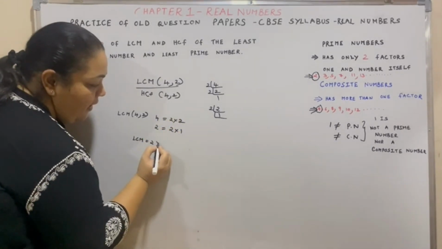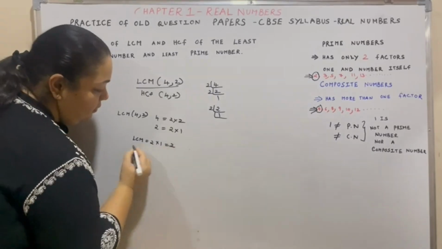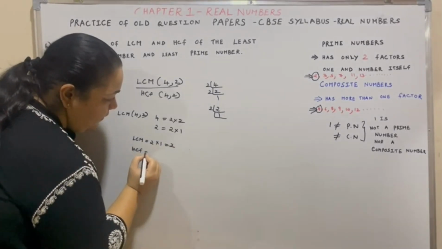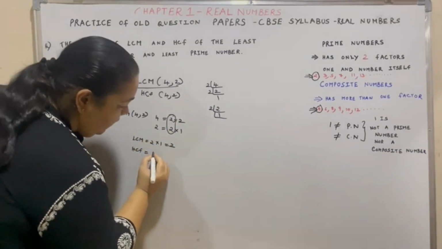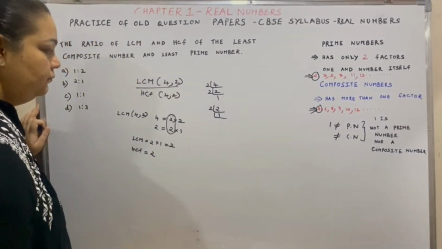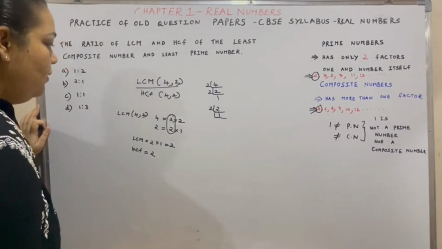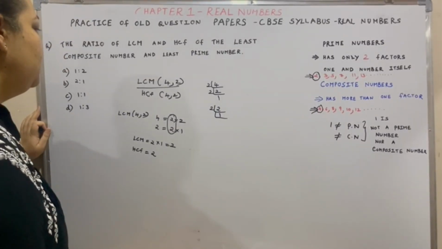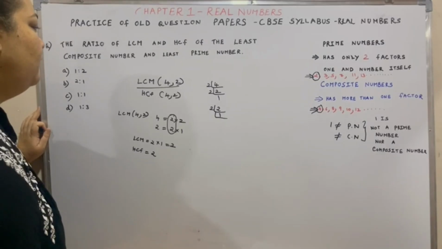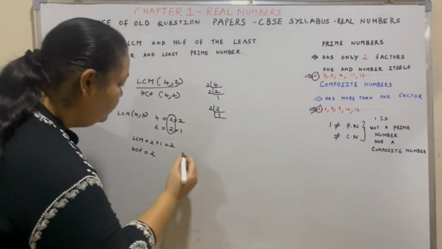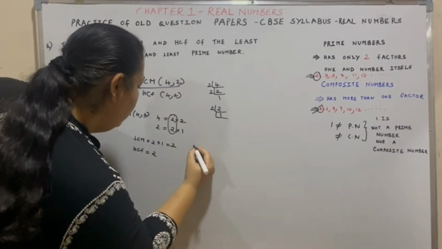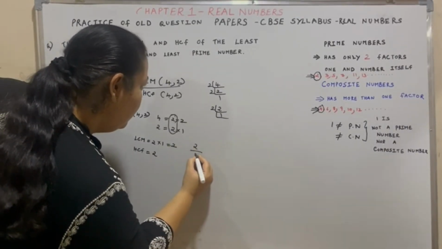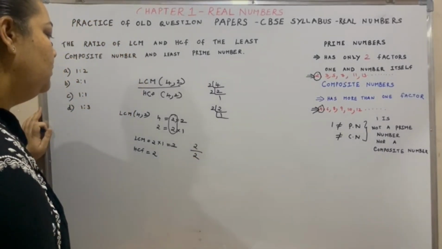Here only 2 is there and 1 is there. So LCM is 2. And HCF, you have to find the common. What is the common? Common is 2. So now what is the question? The ratio of LCM of 4, 2 and HCF of 4, 2. LCM is 2 and HCF is 2.